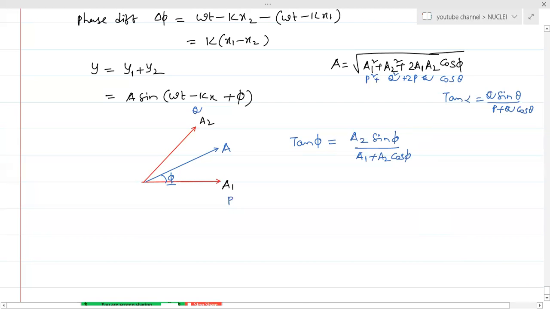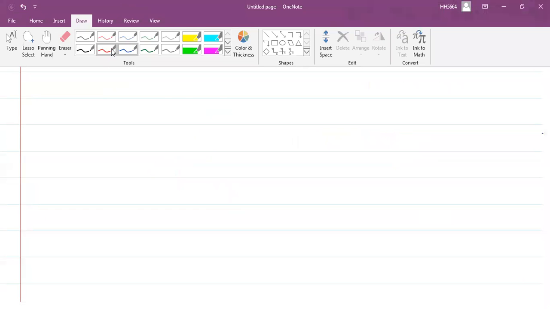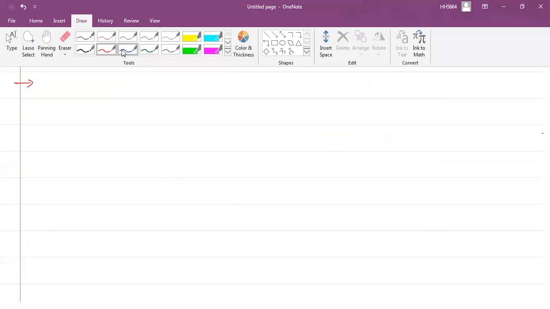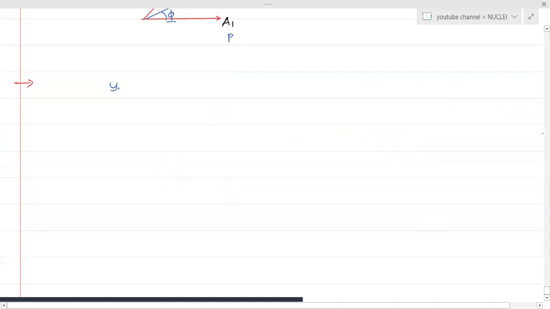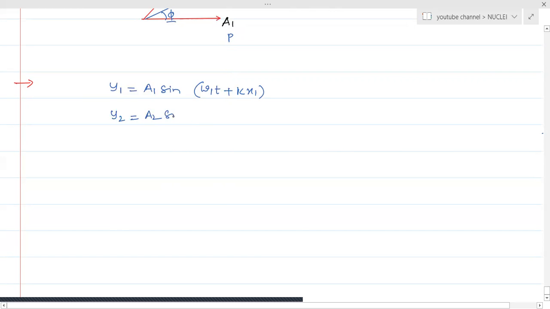Next, we will focus on another application. For example, we are taking y1 equivalent to A1 into sine of omega1 t plus kx1 and y2 equivalent to A2 into sine of omega2 t plus kx2.